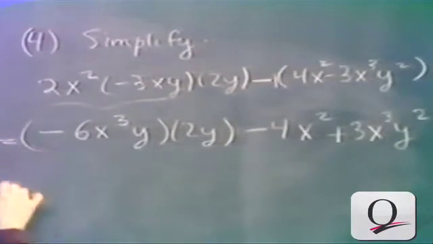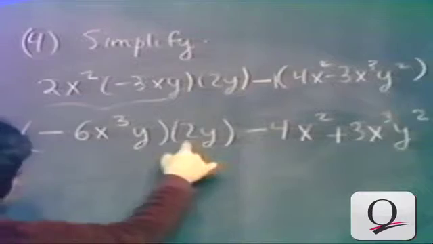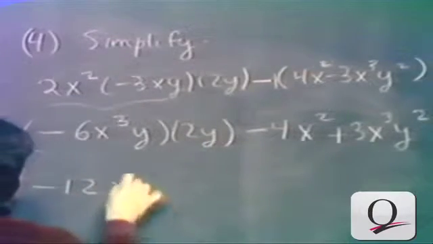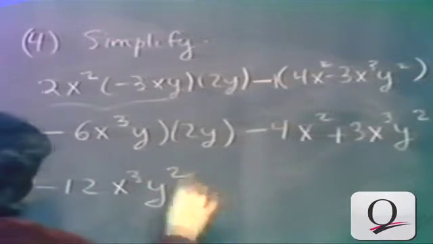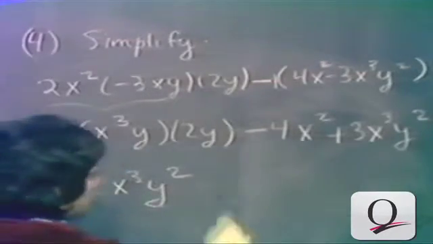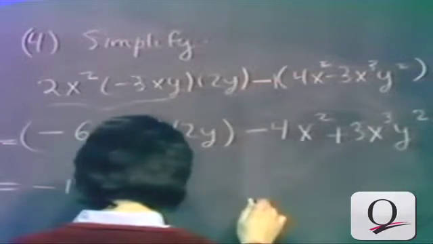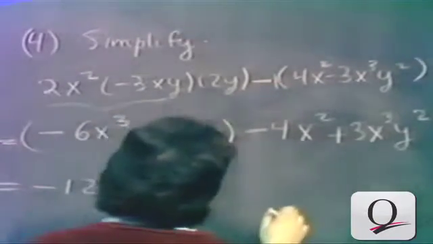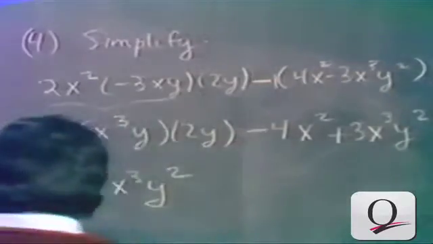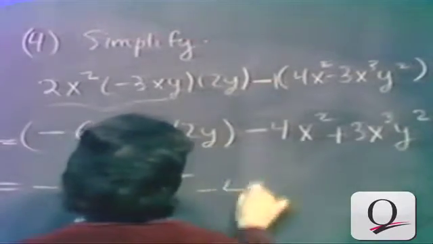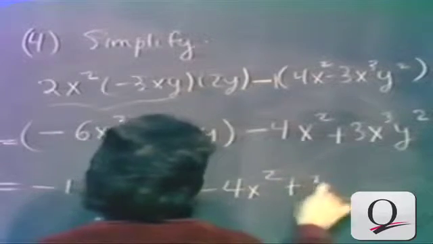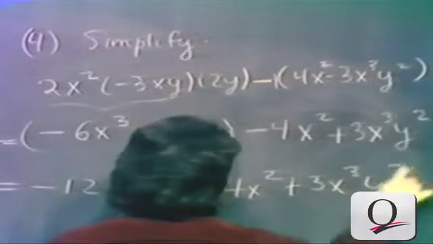And now, multiplying this by this, we get minus 12x cubed y squared minus 4x squared plus 3x cubed y squared.